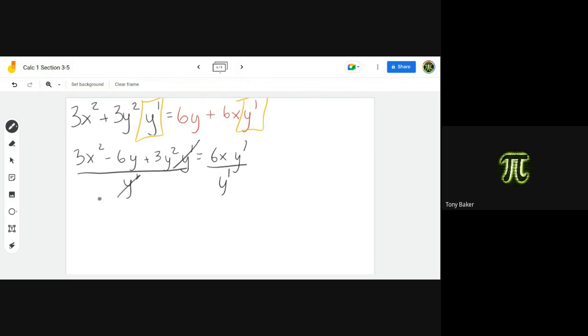And I cannot cancel those because there's addition. I can't cancel through addition. Can we move the 3y squared y prime over to the other side? Yeah, let's try that. Let's do that. Factor out? Now, okay, I'll pull that out.